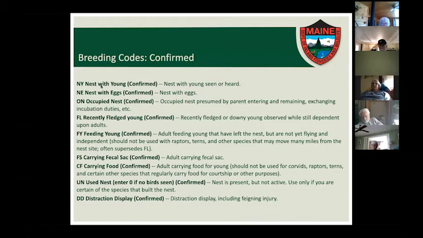So that's why there is a hierarchy here. And then if we go all the way down to something like CF, carrying food, that is just an adult bird flying by with food in its beak. It might not even be in the same block where it's actually going to feed its young. So don't dwell on that too much. It's not terribly important. The takeaway is report what you see.